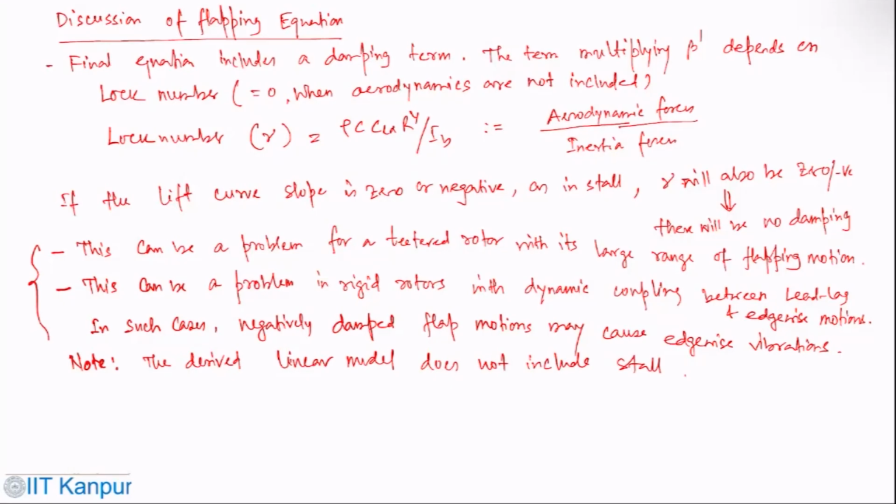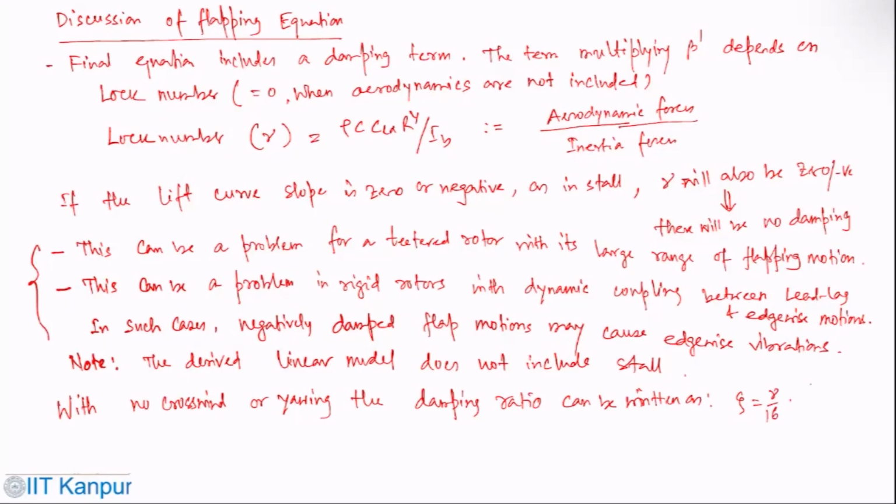So with no crosswind or yawing, the damping ratio can be written as xi equals gamma by 16, times 1 by omega beta by omega, where omega beta is the flapping frequency.